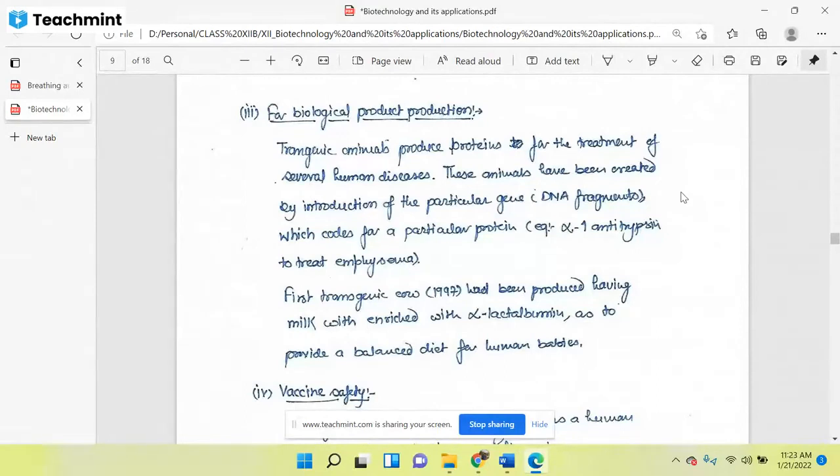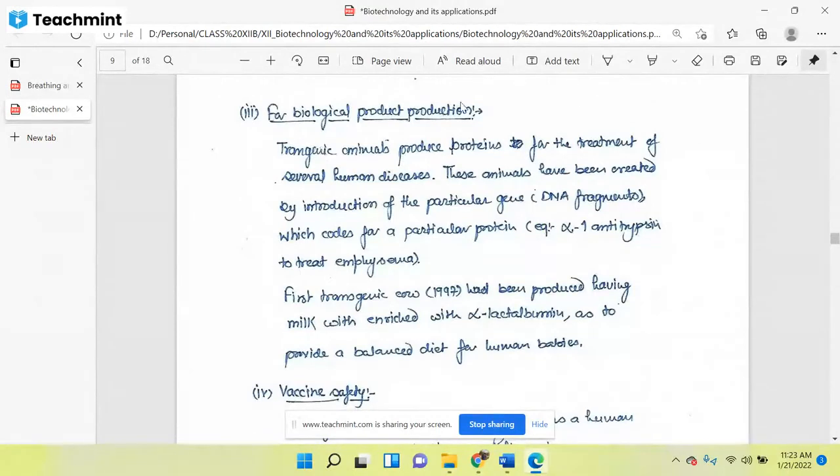So some of the proteins can only be made in an animal system. What we will do is put that particular gene in mice, and we can get the production of the protein in that transgenic animal. So transgenic animals produce protein for the treatment of several human diseases. If we want to produce a particular protein in any animal, we can do it by producing a transgenic animal, by putting that particular gene.